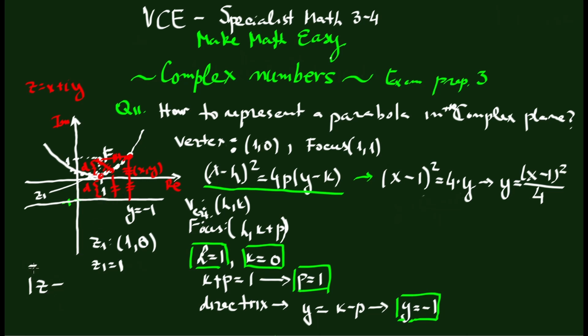So the distance from Z to the focus, and the focus is 0 plus i, is the same as the distance from Z to the directrix.